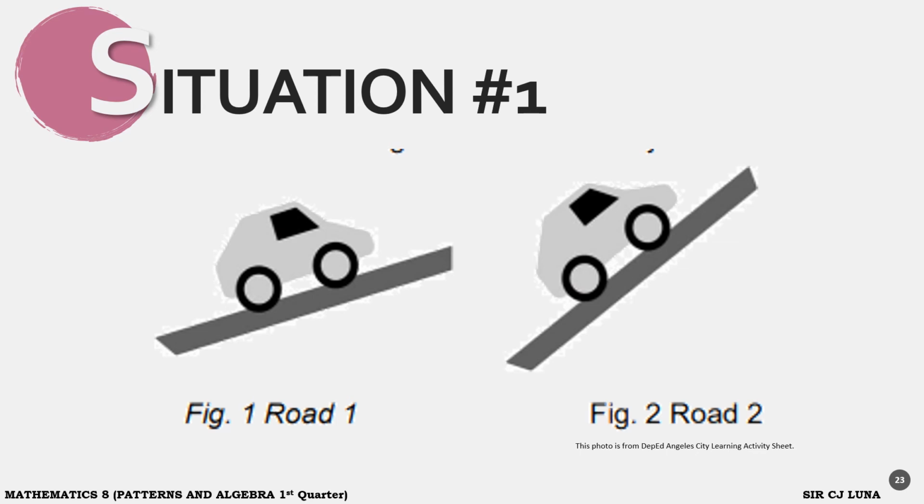This was taken from the learning activity sheet of DepEd Angeles City. Okay? So, traveling to 2 different hilly roads, alin kaya dyan yung mas mahirap i-drive? Yung bang road 1 or road 2? Okay, tama. Road 2. Kasi mas steep. Diba? Yung kanyang slope ay mas matarik. Okay, very good.